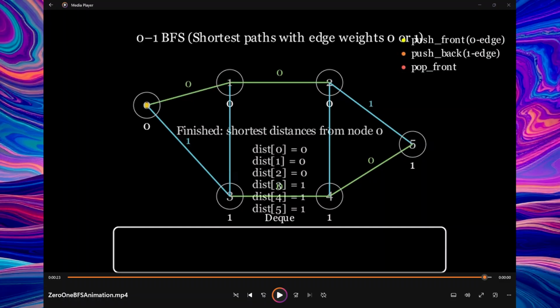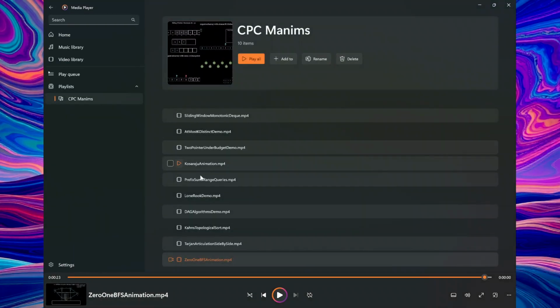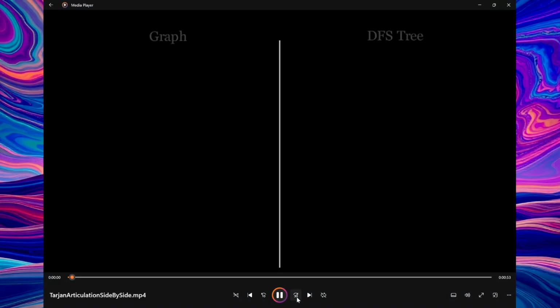So let's move on to the next idea, which is Tarjan's articulation points algorithm. Let me give a little bit of a preface first before we start. So, what is an articulation point? Let's say we have a graph like this.